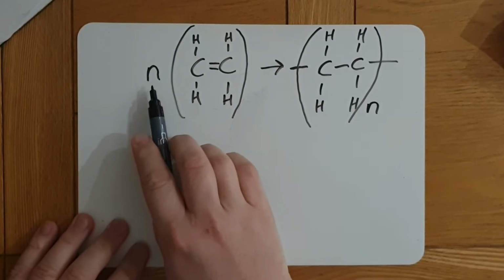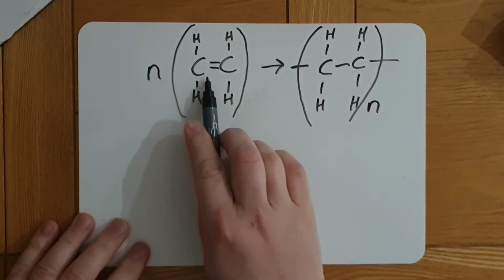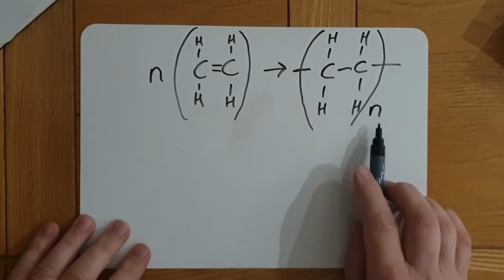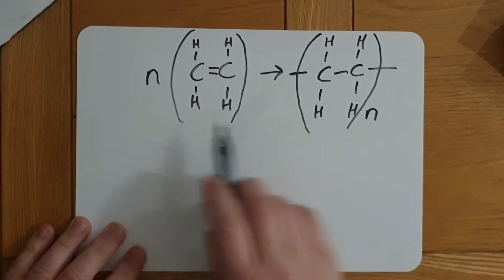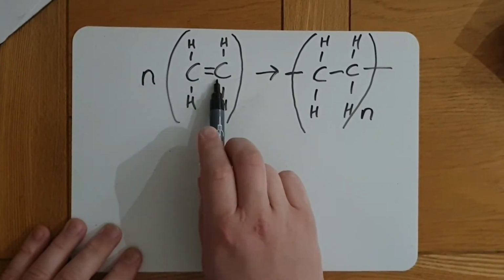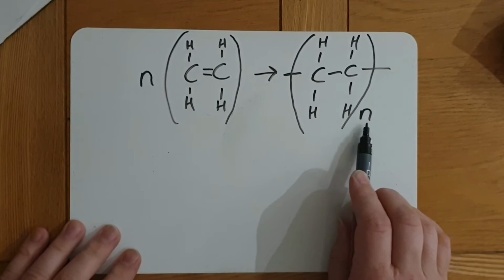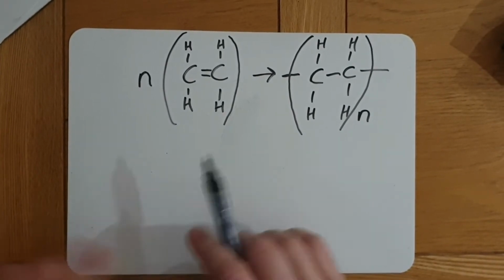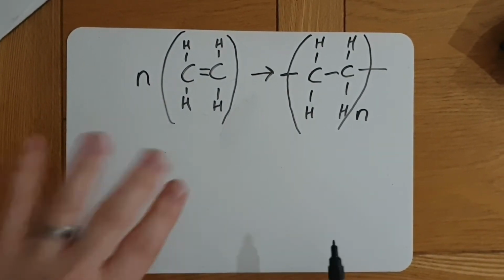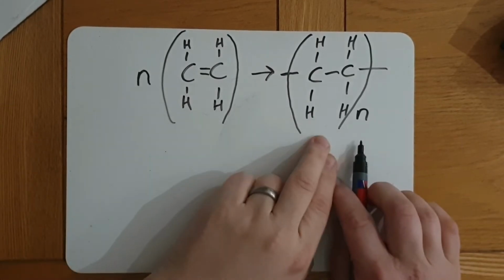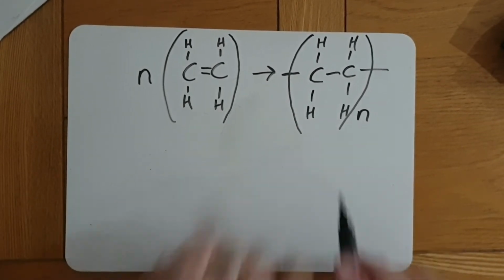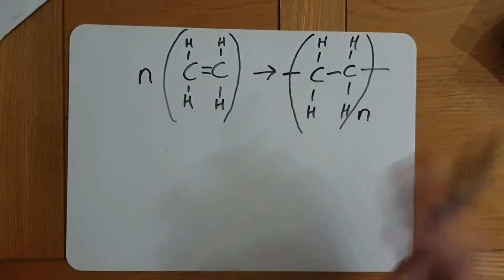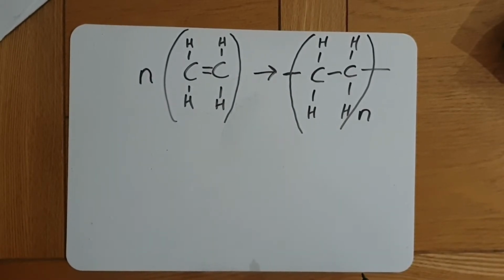Because this is like saying, if I had 3 lots of ethene, I'd have a chain here that would be 3 long. If I had 1500 lots of ethene, this chain would repeat 1500 times. Apologies for the error at the start. Right, so this is our monomer, this is our polymer. So ethene and polyethene. Hopefully that seems reasonable.